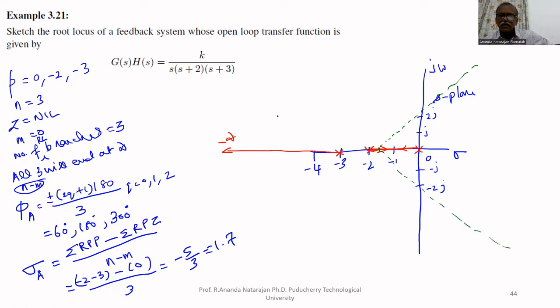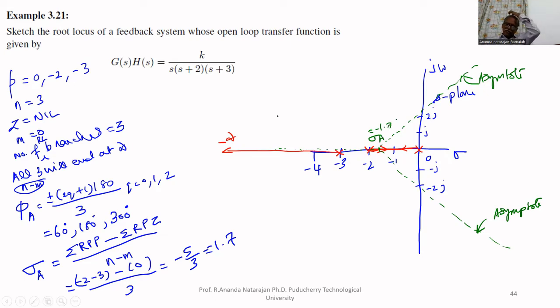That is 300 degree, and 180 degree. So at 180 degree, the root locus and asymptote lie one over the other. This is asymptote. This is asymptote. This is also asymptote. Now, this is sigma A. Sigma A is equal to minus 1.7.